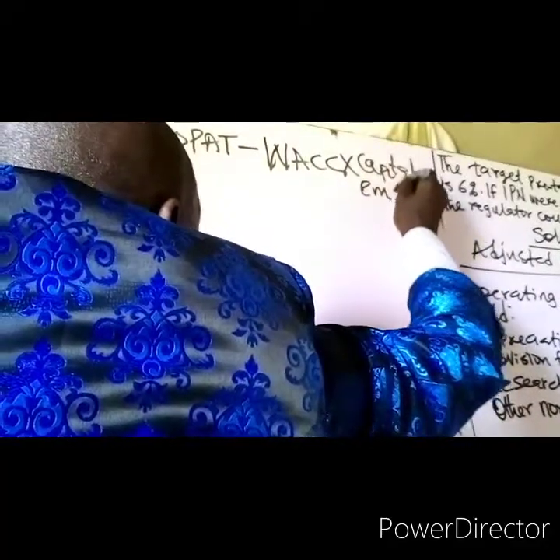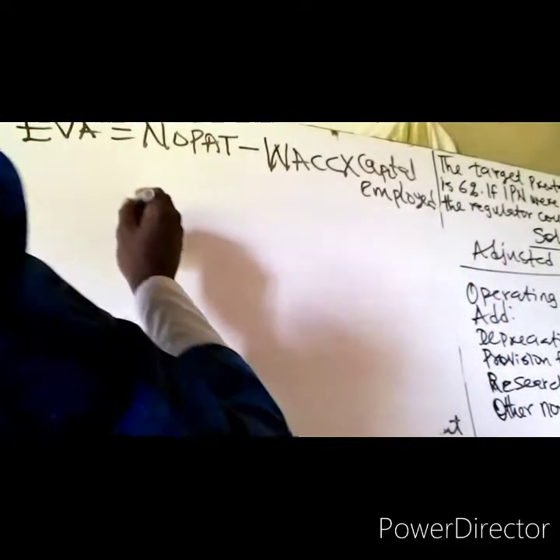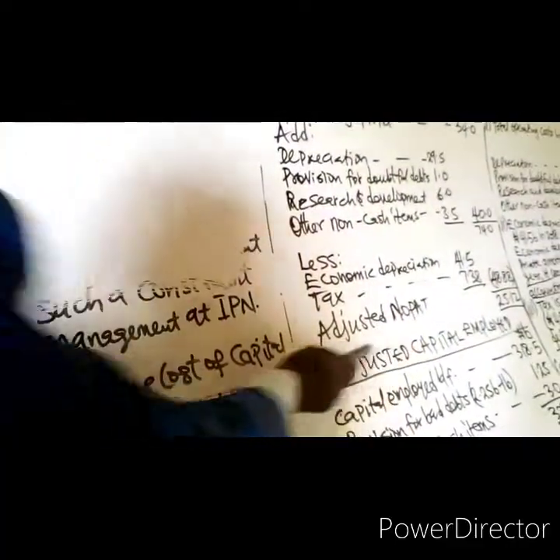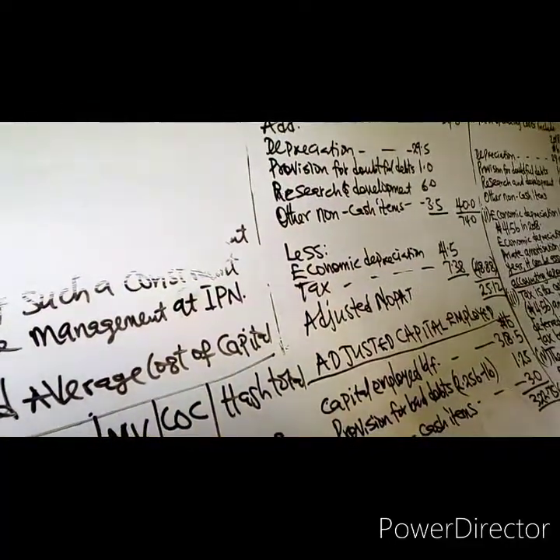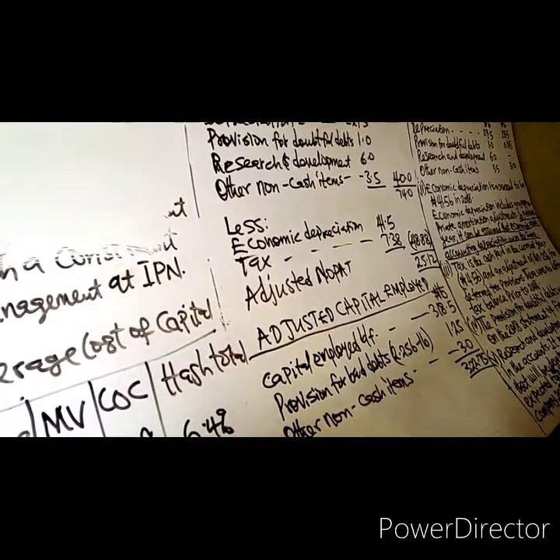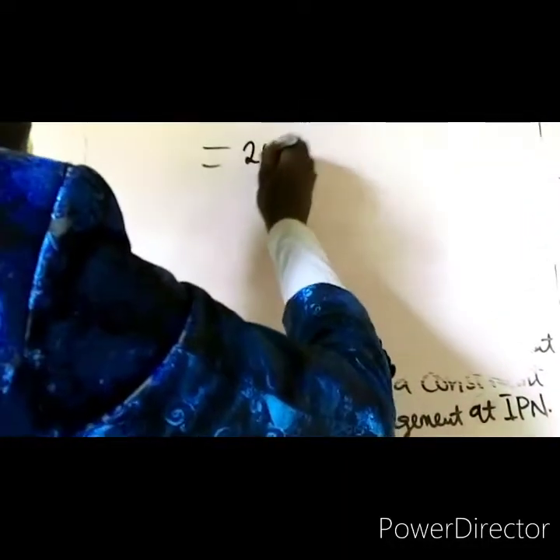Our adjusted NOPAT is 25.12 billion naira.